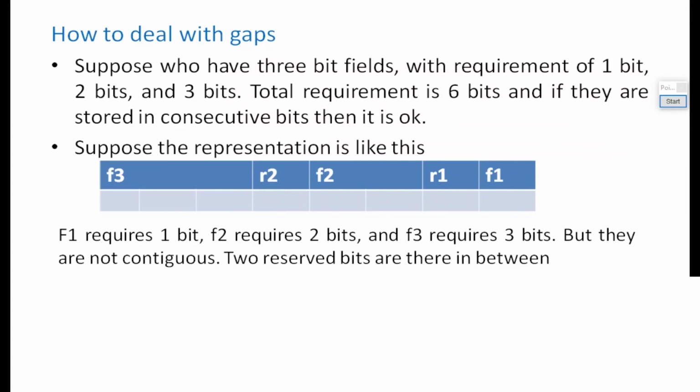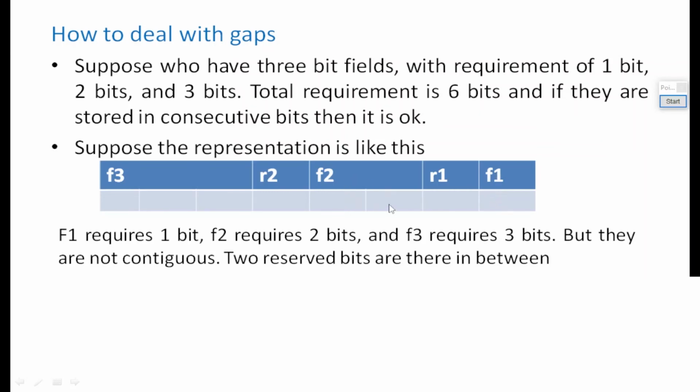How to deal with the gaps? Maybe from C programming this is not required, but in programming examples you will have flag bytes, and usually in between there will be some free or reserved bytes, so you have to deal with those. Suppose the representation is like this. F1 is one field which requires 1 bit.